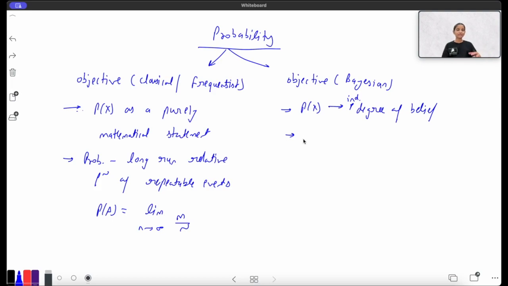So when the opinions change, the probability also changes. What I'm trying to say is that probability changes as we gather new information.